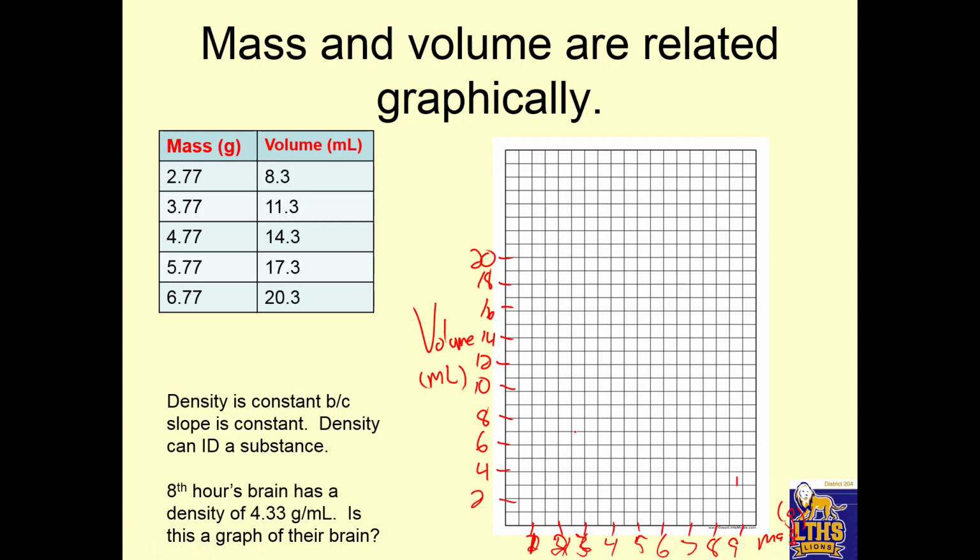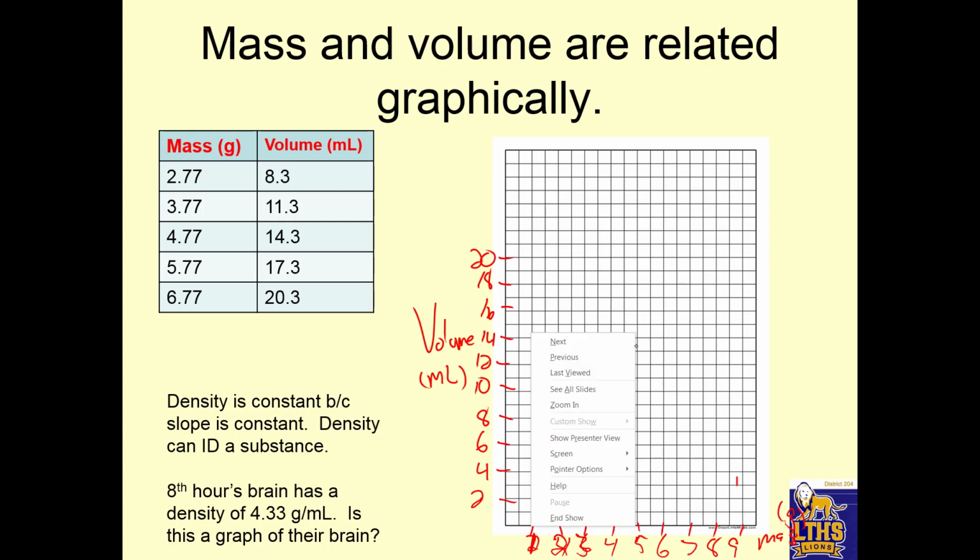So 2.77, 8.3, doink. 3.77, 11.3. Okay, so there's 11. Doink. 4.77, 14.3. Doink.